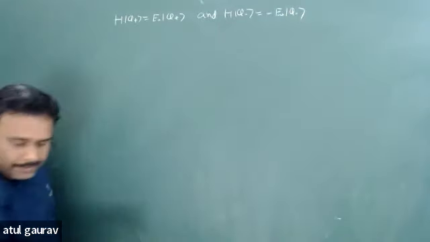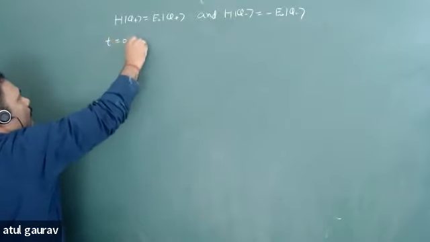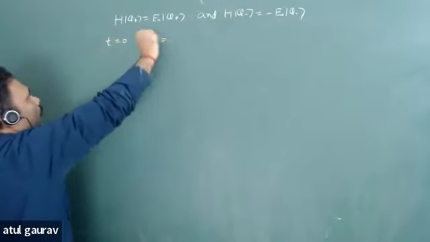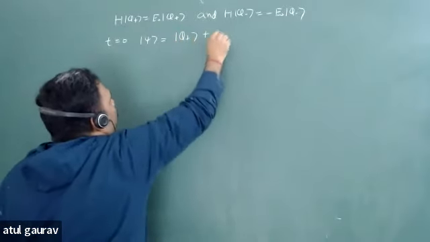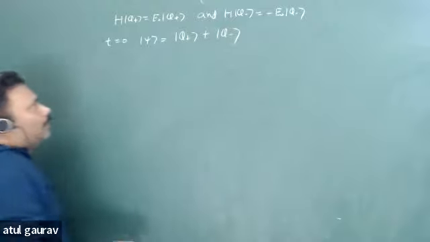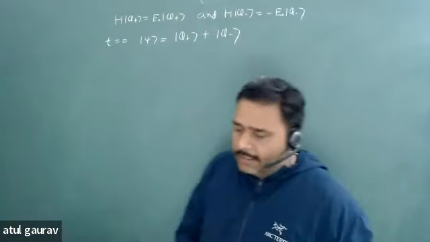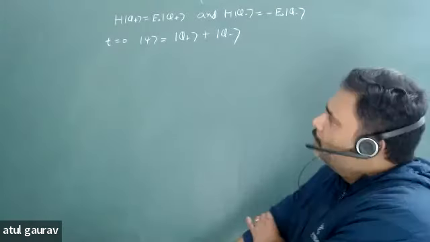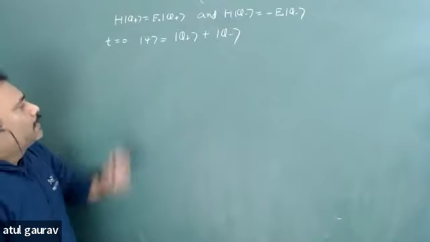And what is our state at t equal to 0? The state at t equal to 0 is nothing but the superposition of phi plus and phi minus. And it is also given that phi plus and phi minus are orthonormal states.